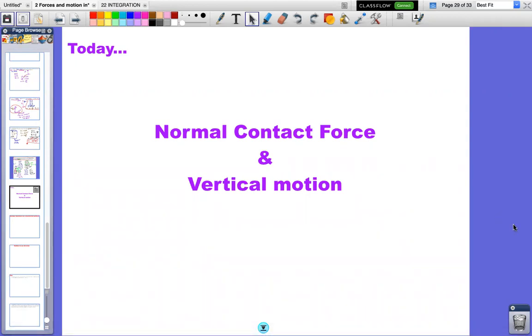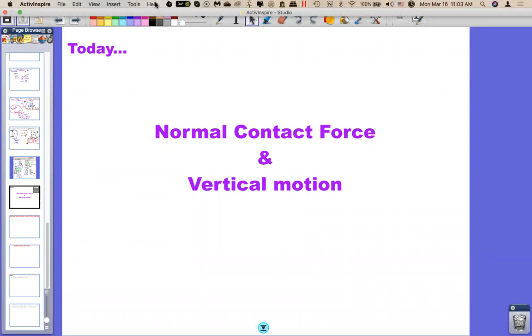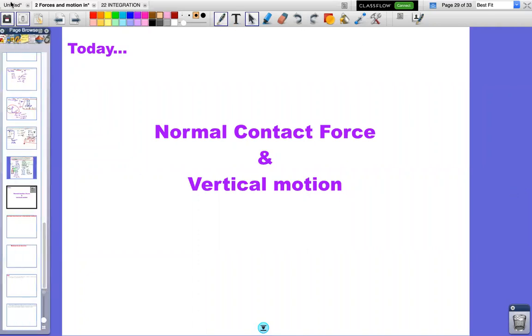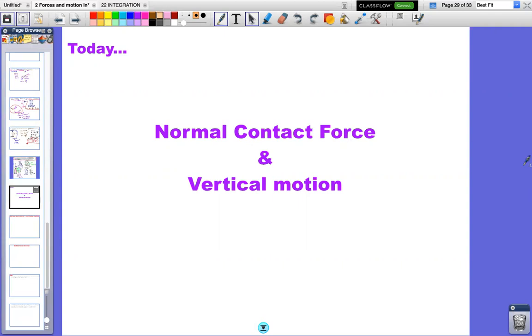So today we are moving on. Essentially, most of what we are doing is the same reasoning. We'll be talking about normal contact force here, and the motion of objects in the vertical plane.